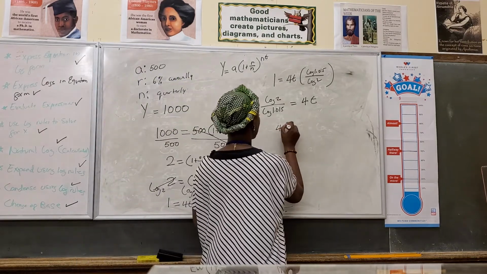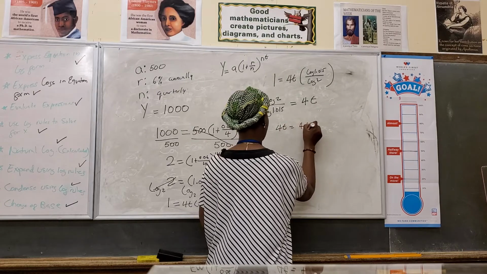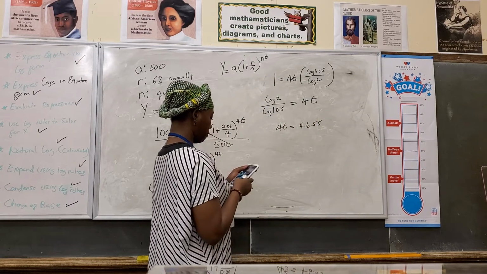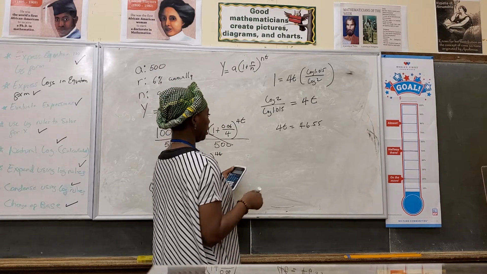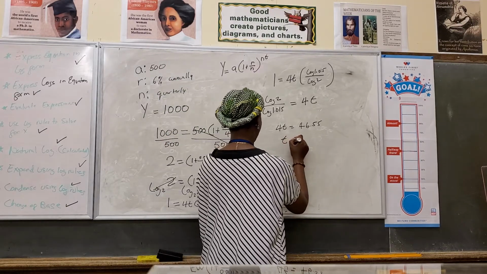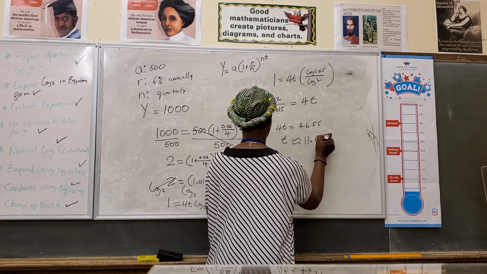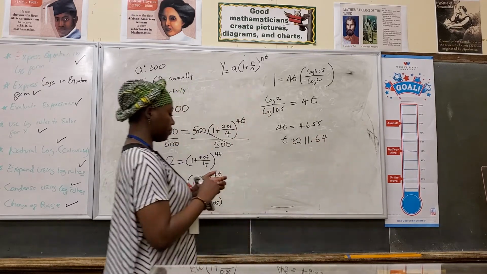So 4t is equal to 46.55. Divide by 4. t is approximately 11.64. And we're going to see if that's actually true.